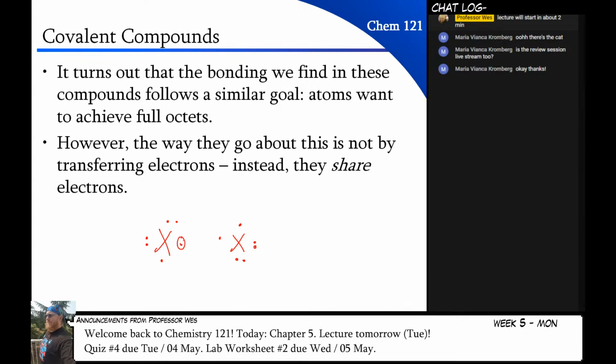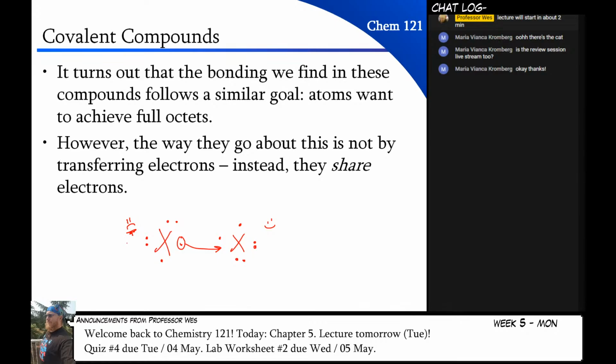And if I transfer electrons over, this one gets further away from an octet, and this one gets closer. Well, how do I get them both to get to an octet if moving electrons makes one get further away? And the answer is, well, I can't transfer electrons. If I transfer electrons, this happens, and that's no good. We don't want that. So we need to come up with a different idea.